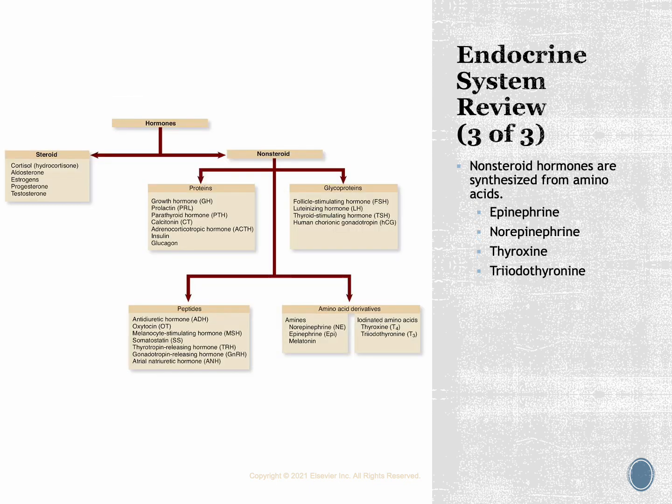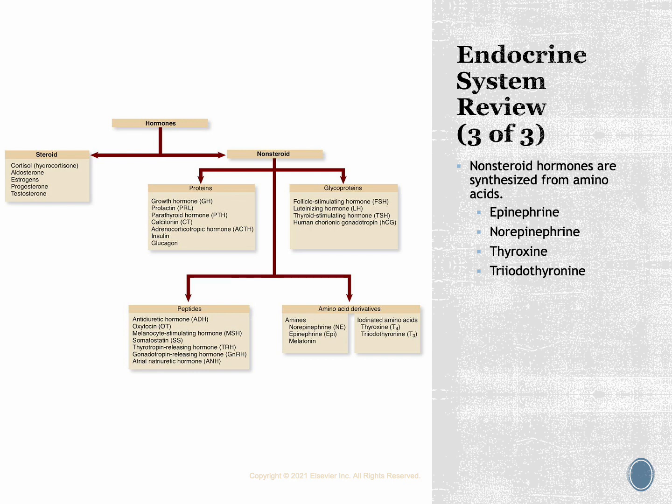Now, what about the non-steroid hormones? They're synthesized from amino acids. Remember, amino acids are the building blocks of proteins. Okay, so those derived from a single amino acid are the most simple, and they're referred to as amines.